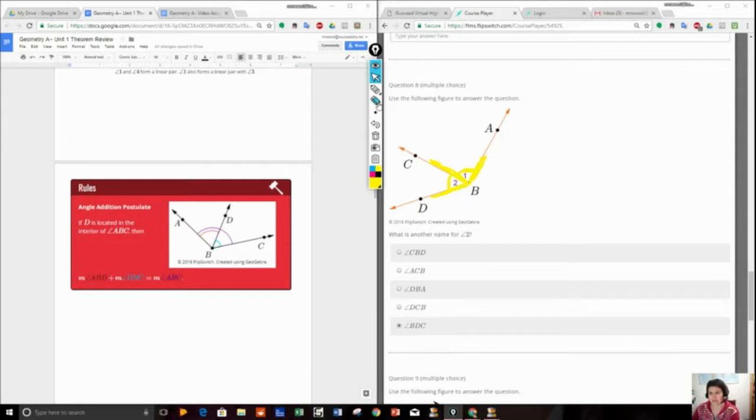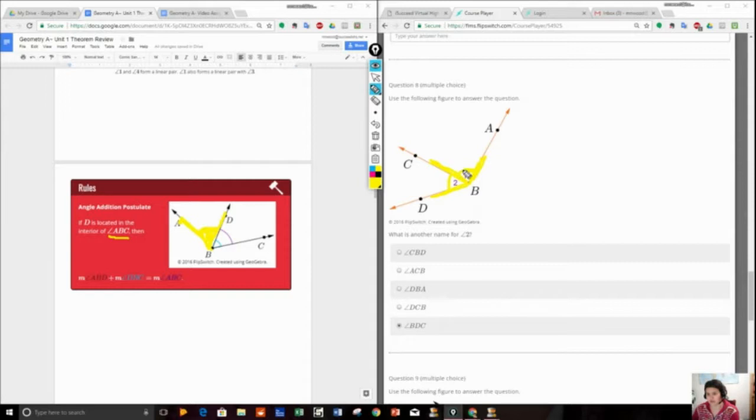It's not necessarily directly related, but it's giving me an idea because it says angle ABC. So I can see that there's a point A, I see the other point B, and I see the point D. If I follow those in that order, that is an angle right there. So that's another way you can name an angle is by the 3 points, and you always start with a point that is on a ray.